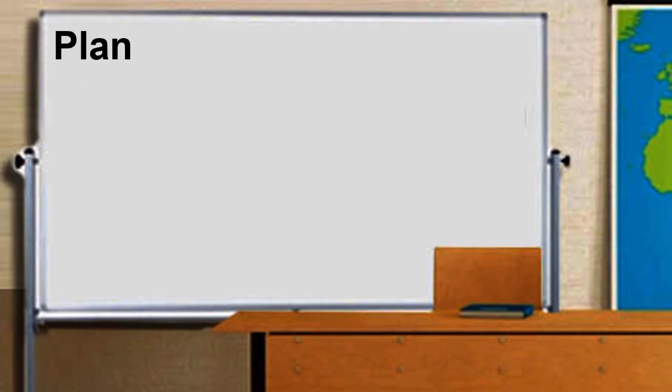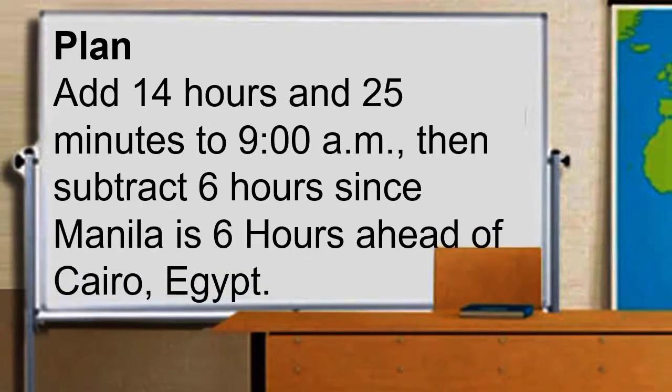The second step is plan. Okay, so we need to add 14 hours and 25 minutes to 9 a.m. Then subtract 6 hours since Manila is 6 hours ahead of Cairo, Egypt.